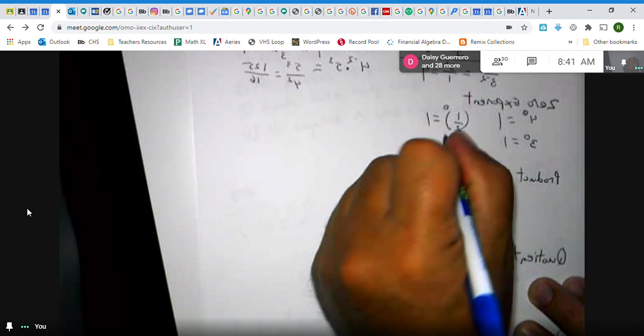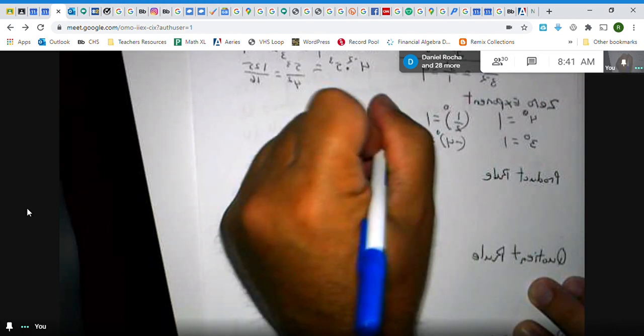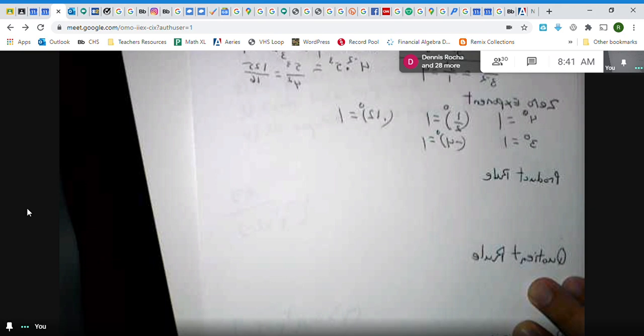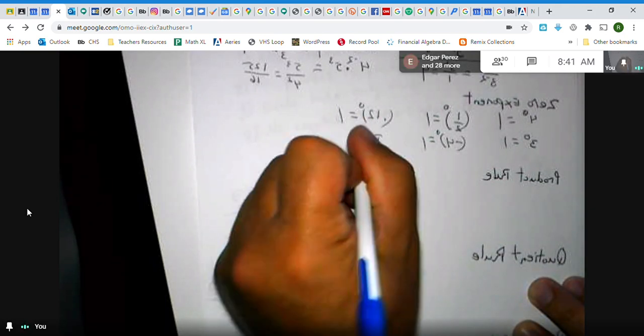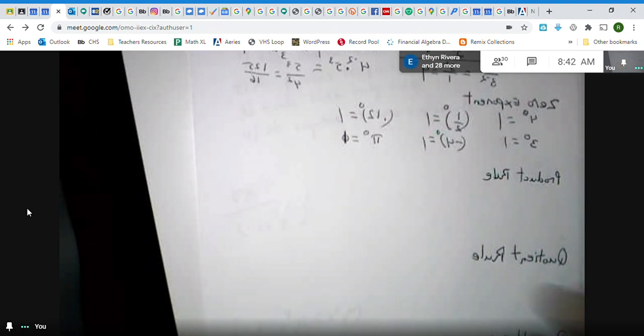Negative numbers to the 0th power equals 1. Decimals to the 0th power equals 1. And pi to the 0th power equals 1. Whoa, why did I write a 0? 1. Any questions? If you have a question, go ahead and speak up now.